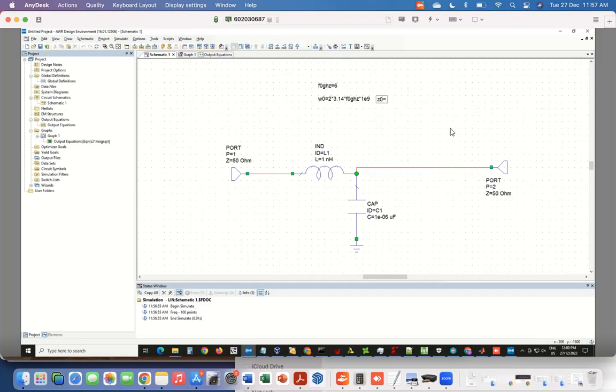Define Z naught, let's say 10 ohms to start with. And then I can never remember this, so let's see.